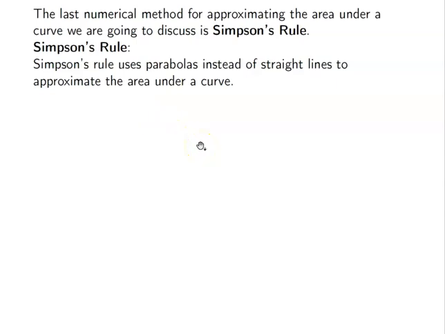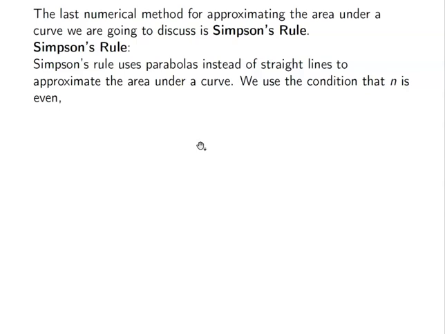And what we're going to do is not look at any one rectangle under our curve. So I'm not looking at a left endpoint or a right endpoint. I'm actually putting two rectangles together, and I'm using the left endpoint of one and the right endpoint of another, and the connecting point, the point right in the middle of those two.